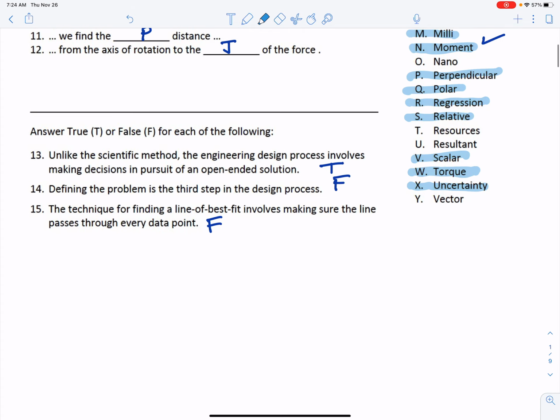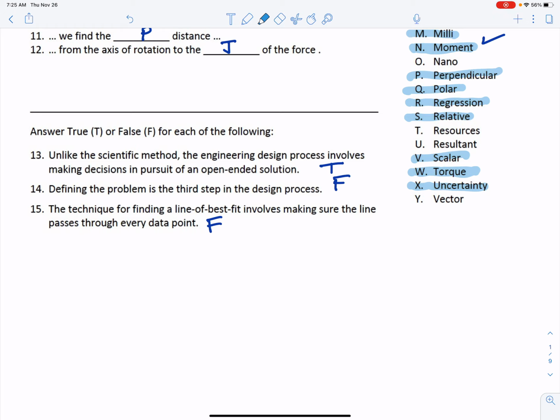Okay, the technique for finding a line of best fit involves making sure the line passes through every data point. Okay, well, so we're referring to a linear regression here. And the points won't line up on a line, so that's the whole point of a regression: you find something that fits most of the data with less error.